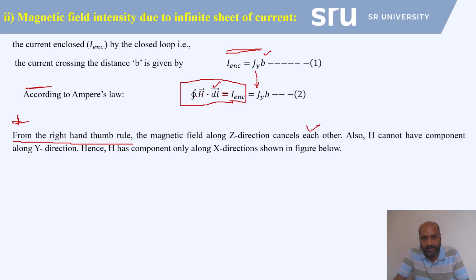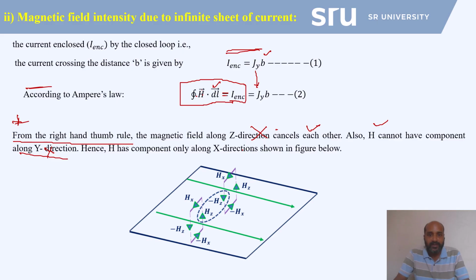Also, the magnetic field intensity cannot have a component along the y direction. So there is no component along z and no component along y. Only the x component of the magnetic field is non-zero, because in the rest of the two directions the magnetic field intensity will be zero.